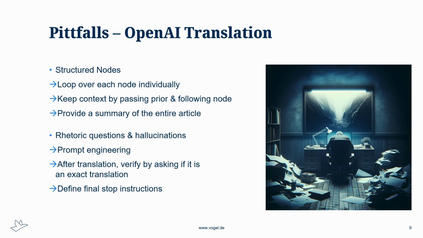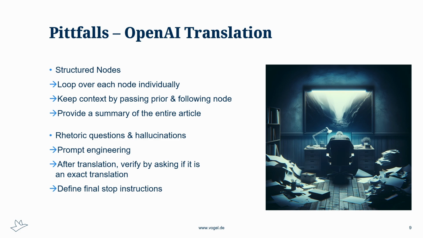And the next big thing was rhetorical questions and hallucinations. There was a lot of prompt engineering involved in that. What we also saw is that the translation didn't stick to the text. It wandered off, it started adding information, it removed information, but we wanted an exact translation of the text given.